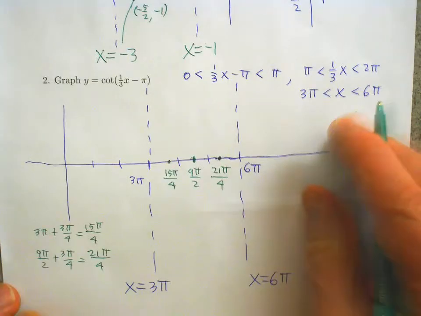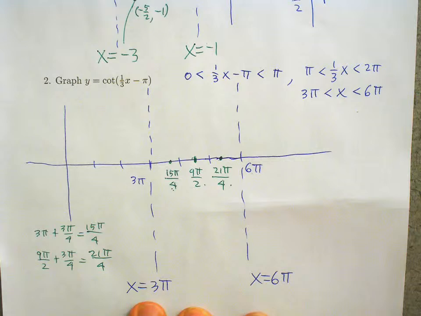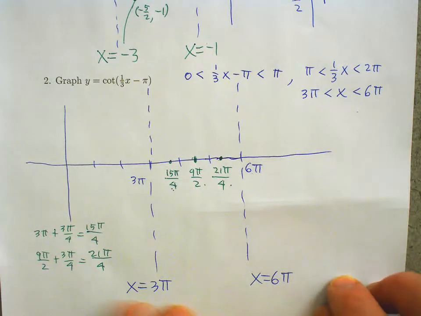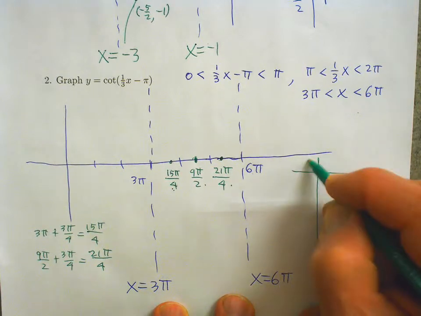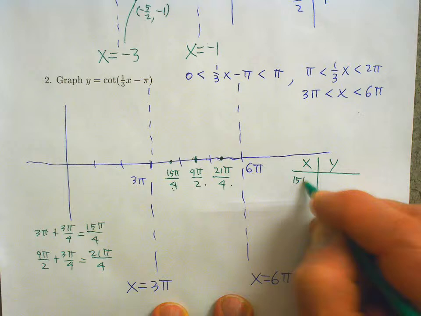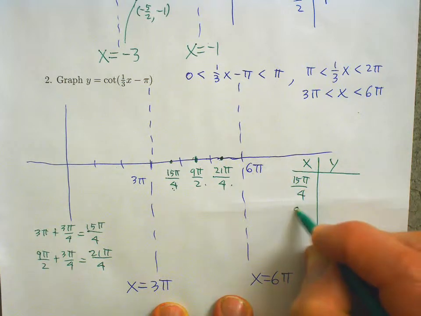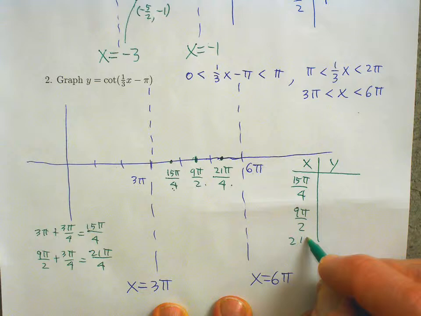So the 3 key points will have x values at each of those. So you can create a table for the 3 key points: 15 pi over 4, 9 pi over 2, and 21 pi over 4.